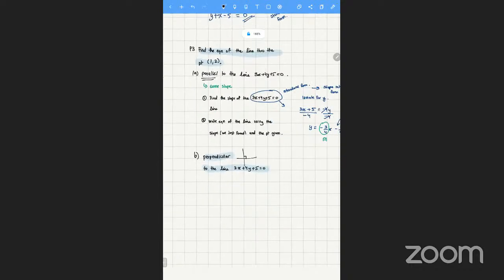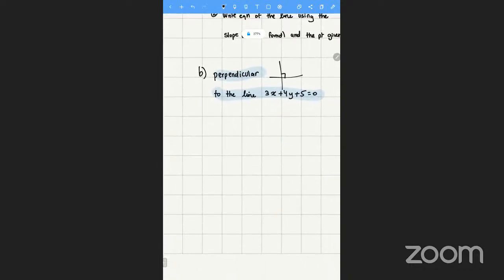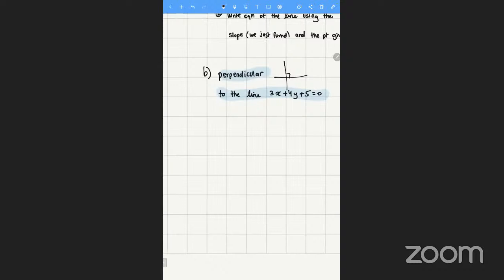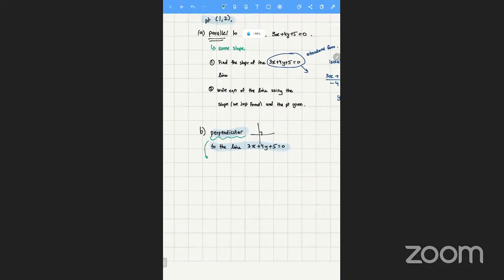Aisha, solve part B. How do I do that? So perpendicular means it's a negative reciprocal of the slope. Okay, so I'll just write this here. Perpendicular means negative reciprocal. So we found the slope already, right?